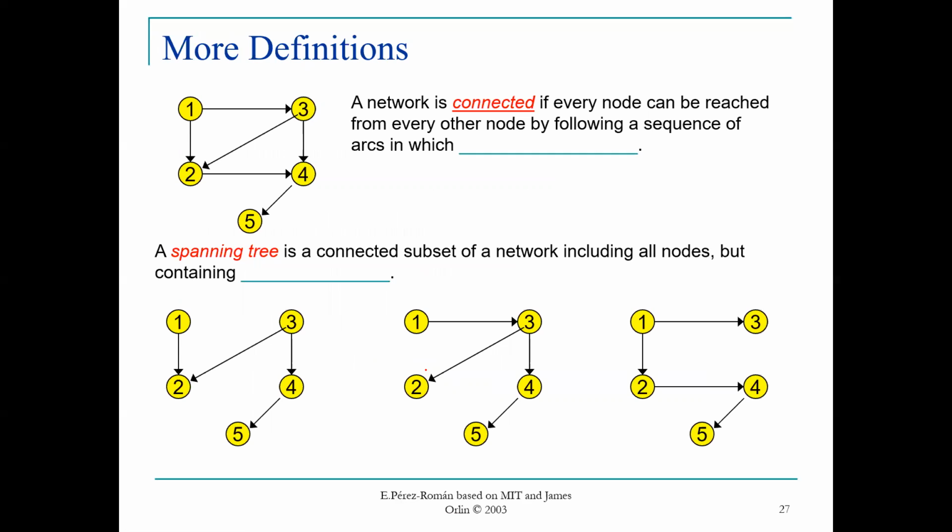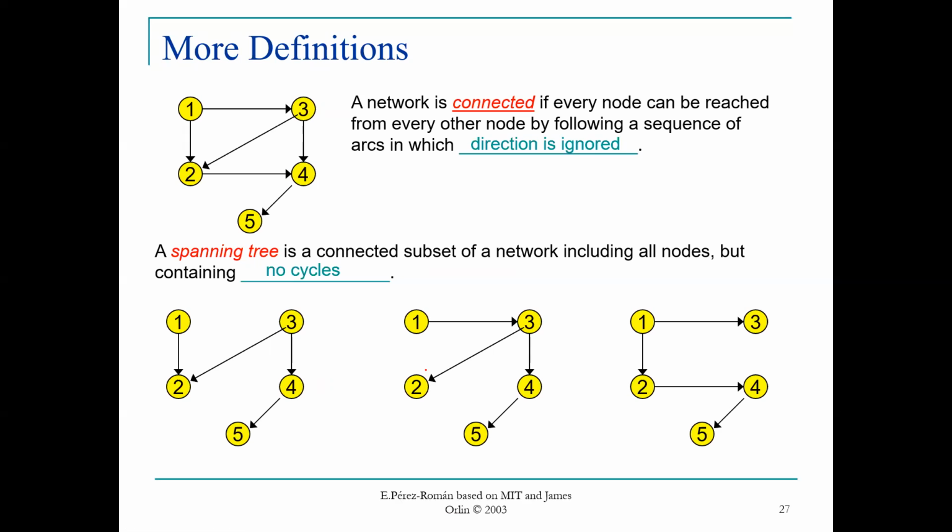Some additional definitions. A network is connected if every node can be reached from every other node by following a sequence of arcs in which the direction is ignored. A spanning tree is a connected subset of a network, including all nodes, but containing no cycles.